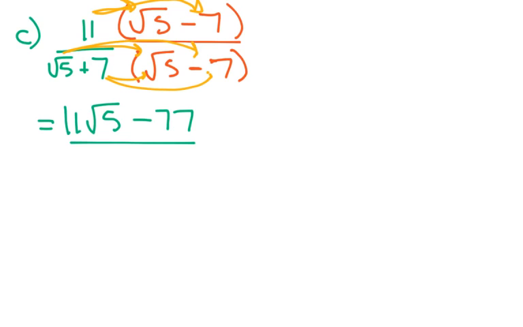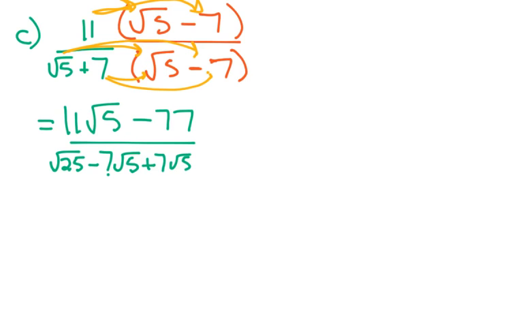Root 5 times root 5 would give us root 25. The outsides, root 5 times negative 7, would give us negative 7 root 5. The inside, 7 times root 5, would give us plus 7 root 5.